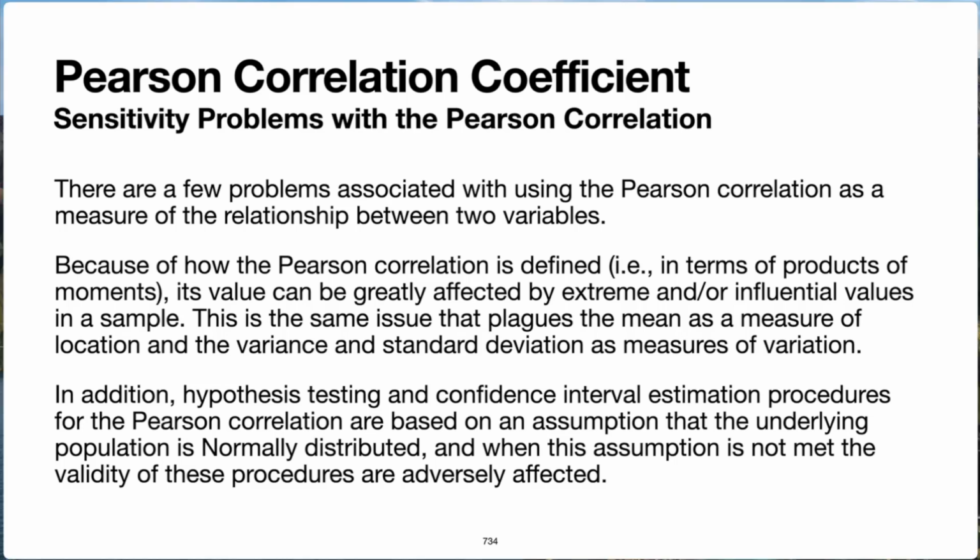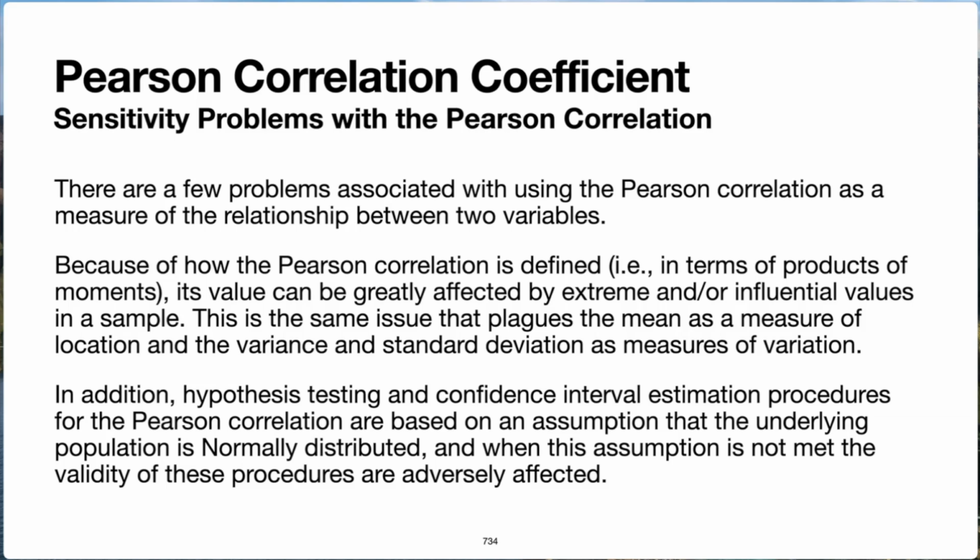Now, another issue is related to inference about a Pearson correlation at the population level. So hypothesis testing and confidence interval estimation procedures for the Pearson correlation are based on an assumption that the underlying population or distribution from which the sample is obtained, and about which inferences are to be made, is normally distributed, and in particular, in the case of two variables, a bivariate normal distribution.